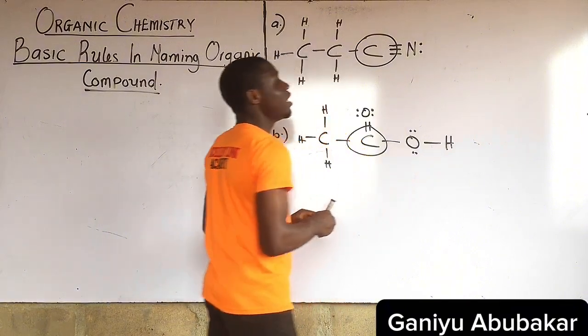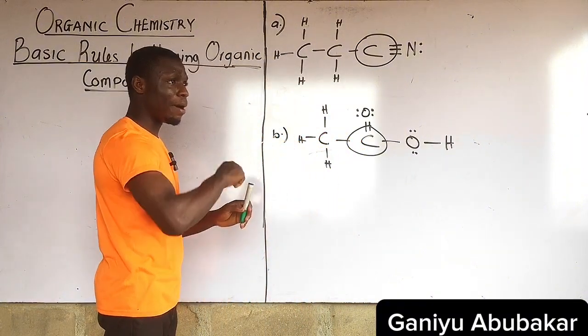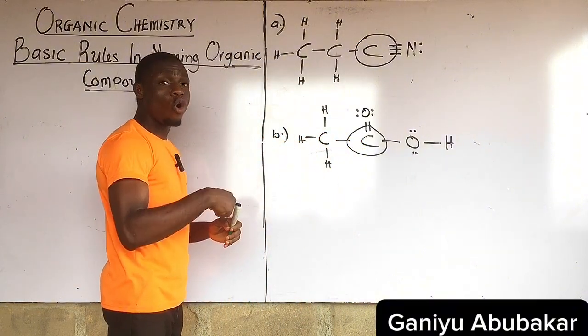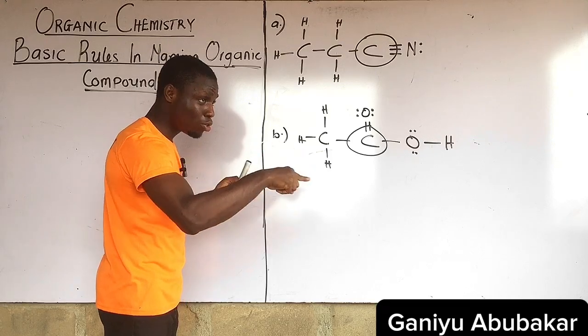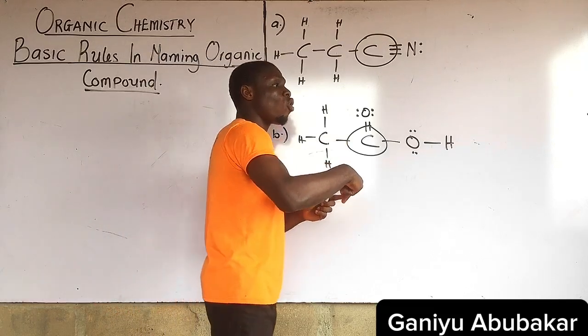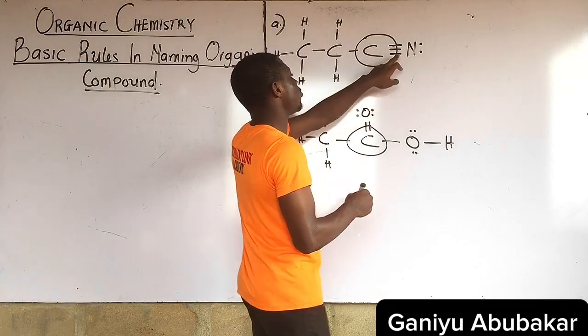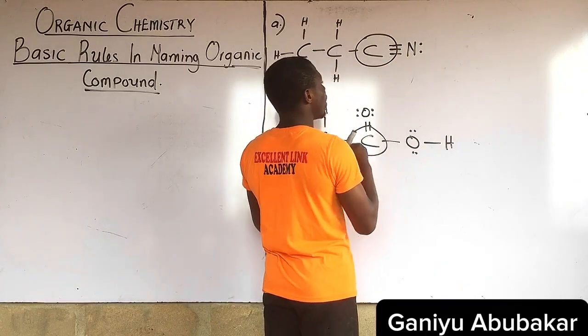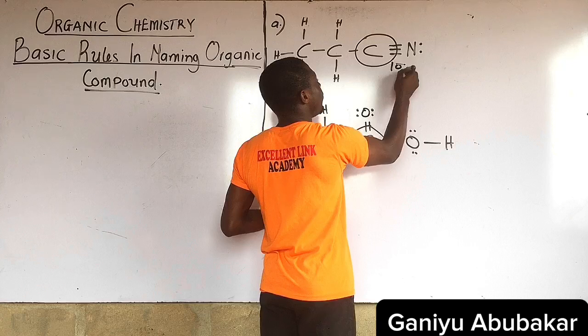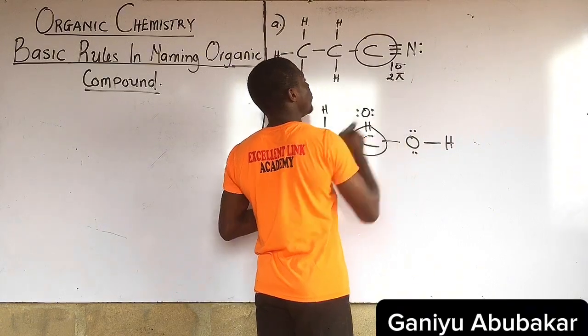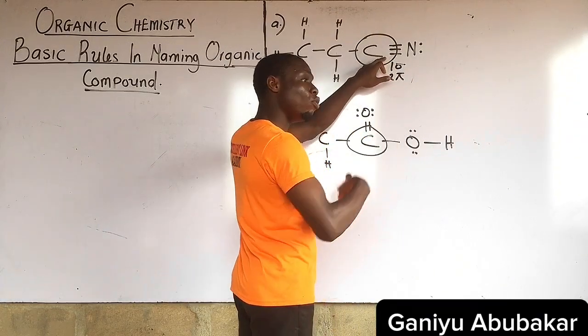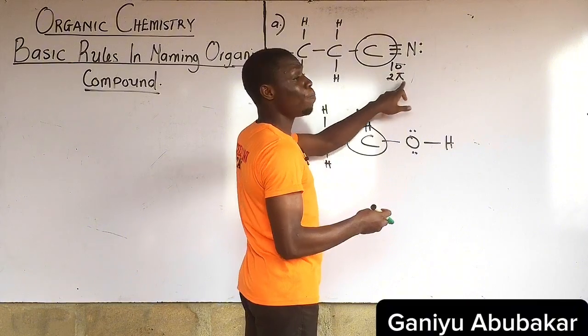We said sigma bonds occur in single bonds, while pi bonds occur in both double bonds and triple bonds. For one triple bond, I have one sigma bond and two pi bonds. A triple bond contains one sigma and two pi bonds.